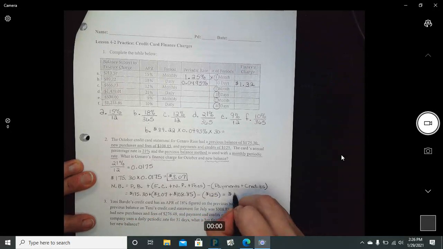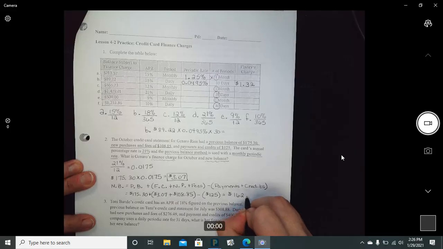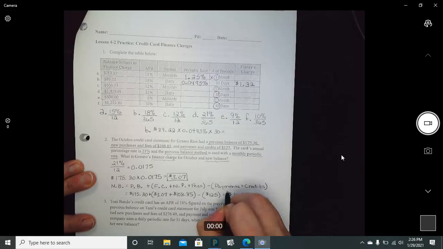If I put all this together, my new balance is going to be 162.22.